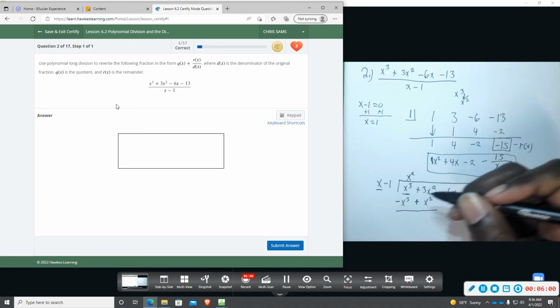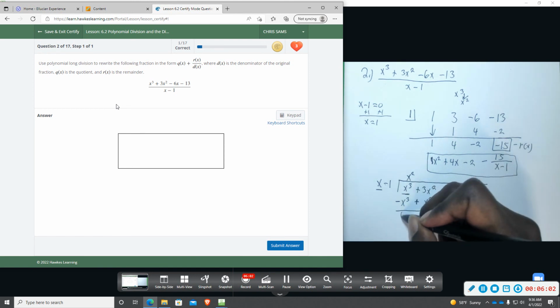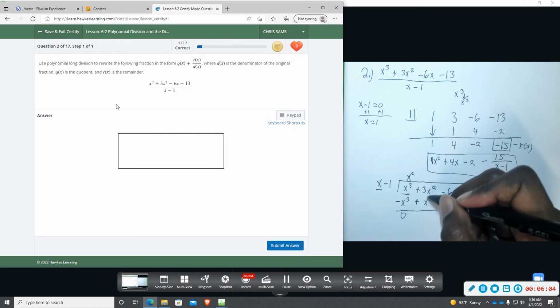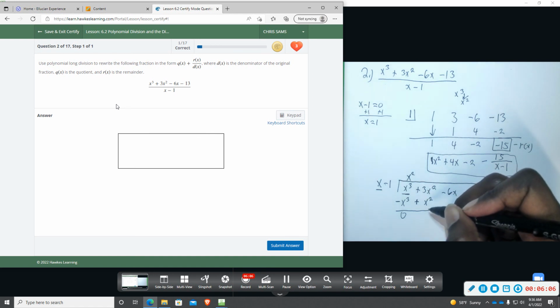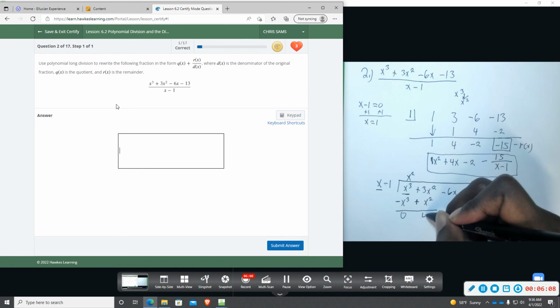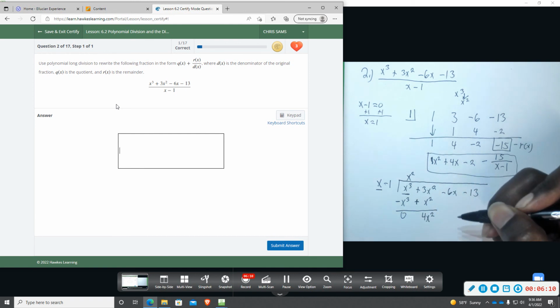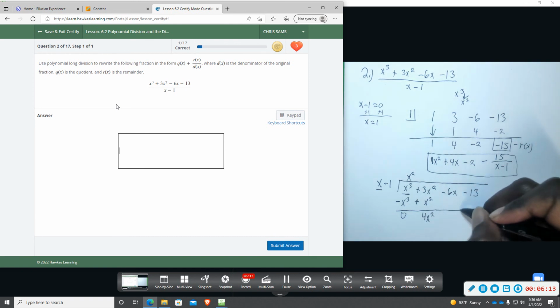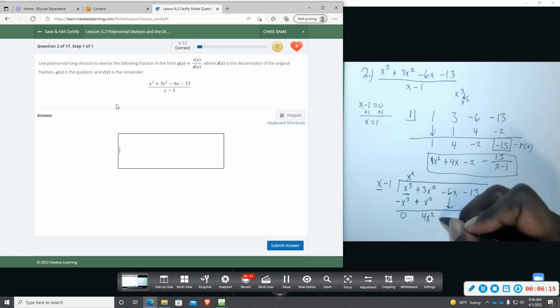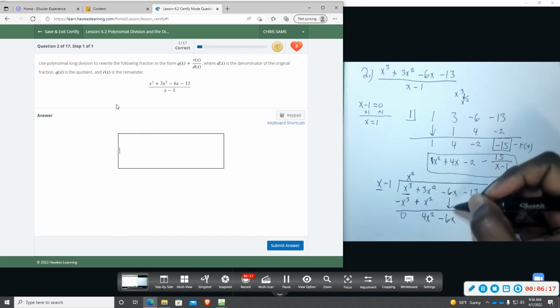And then we subtract, that goes to 0. Add, because they're both the same sign. And this will give you 4x squared. And then from there, you're going to bring down the next term. And then repeat the process.